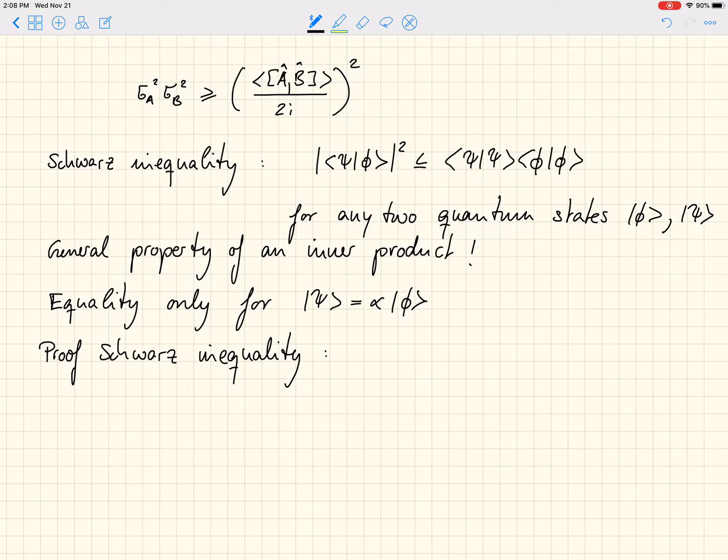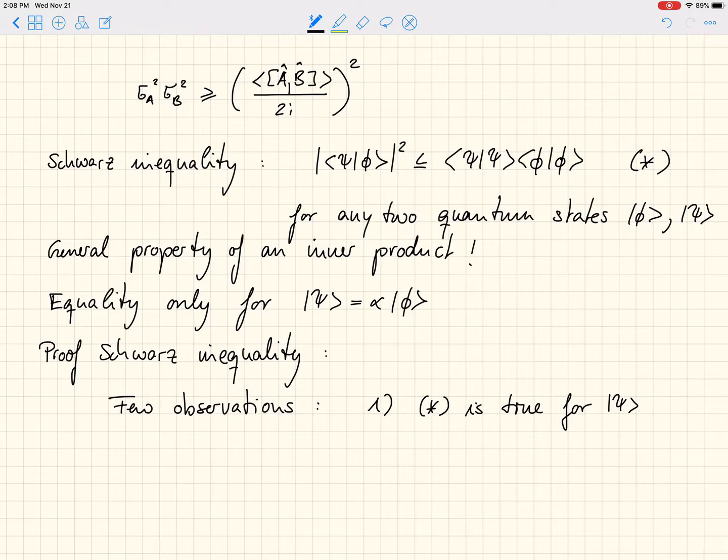First observation, or let's make two observations. First one is, we call this inequality star. Then we see that star is definitely true if either of the vectors is 0.